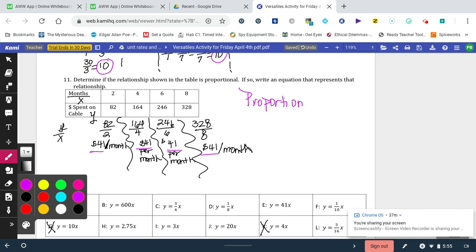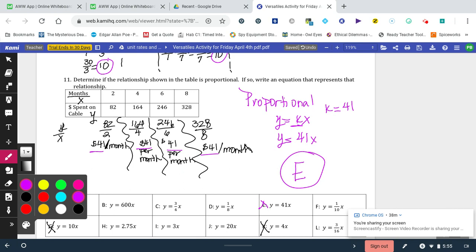And your equation, which is in the form y equals kx, and let's go back and put k. K is that 41 that we kept getting. So your equation is y equals 41x. And you see that on E. So you're going to put E on number 11. And yes, I know you can look at the last one and go ahead and put that for number 12, but I want you to show me the work.